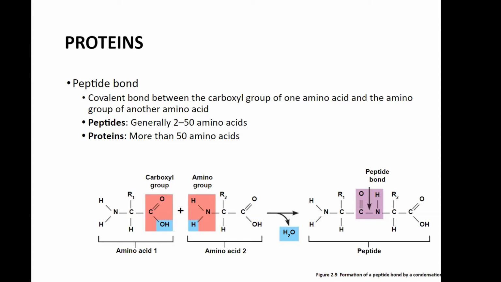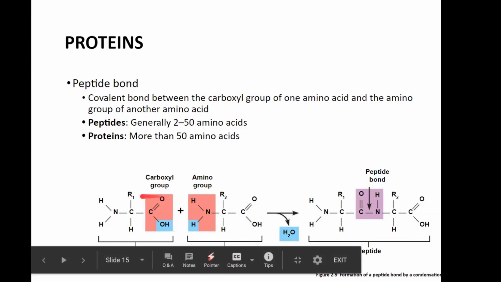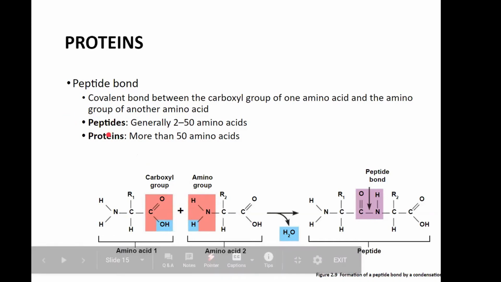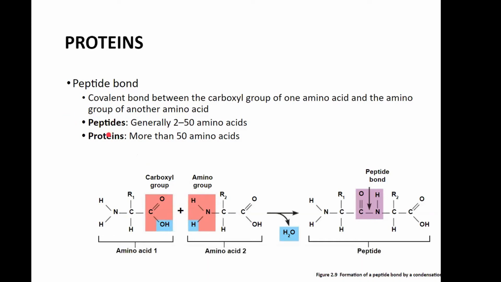Okay, so we link together amino acids into a polypeptide chain. So here, peptide really means the same thing, polypeptide. Peptide is just a general term, number of different lengths. So peptide will be generally about 2 to 50 amino acids. We start to use the word protein when we're talking about a really big chain that starts to fold in all sorts of different ways.